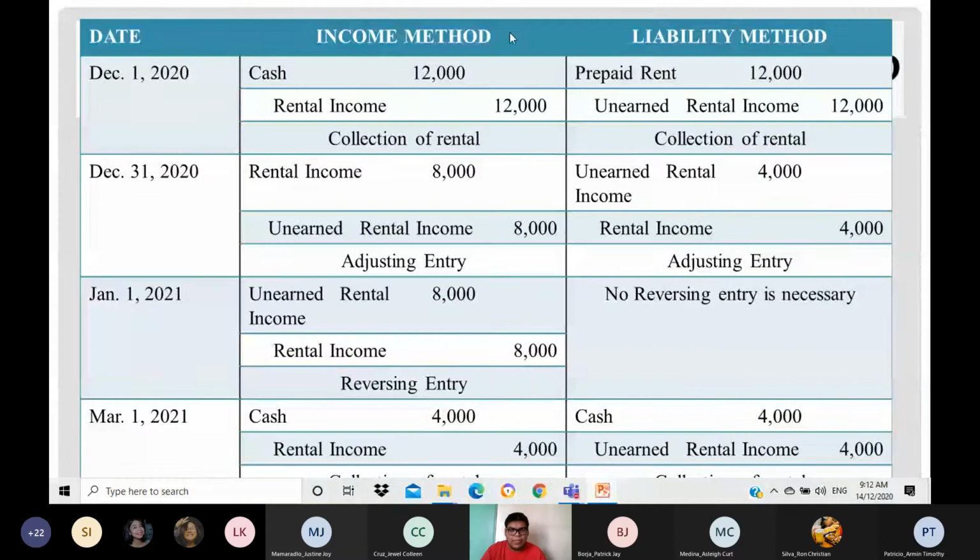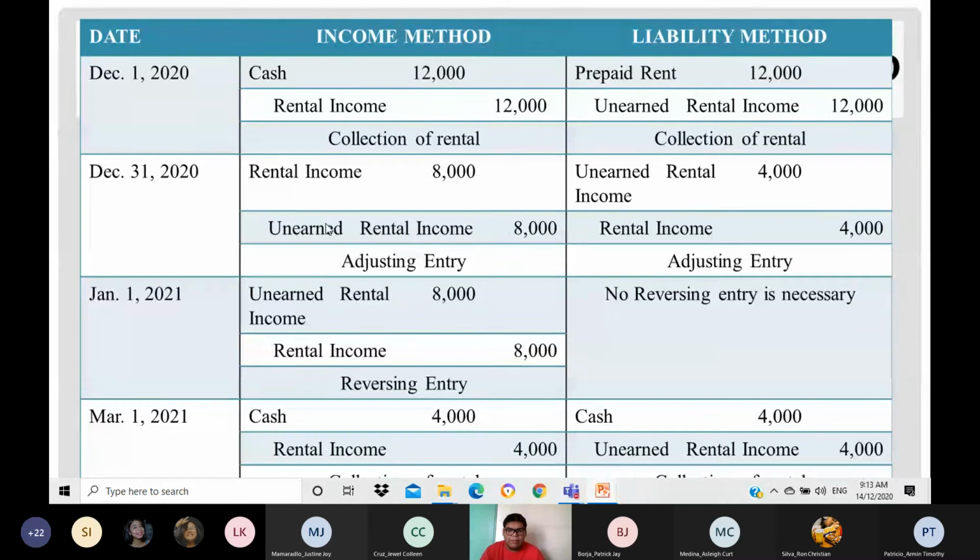So let's focus first on the income method. Debit cash and credit rental income, 12,000. So what happened? You collected rent. When December 31 comes, you still have income to adjust. Debit rental income, 8,000, and then credit that as unearned rental income.